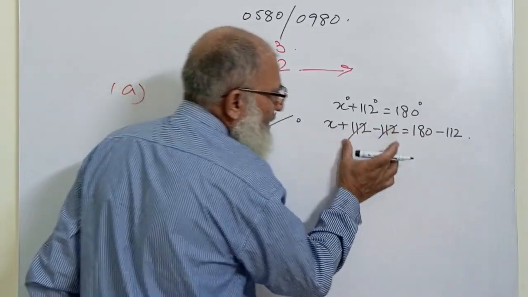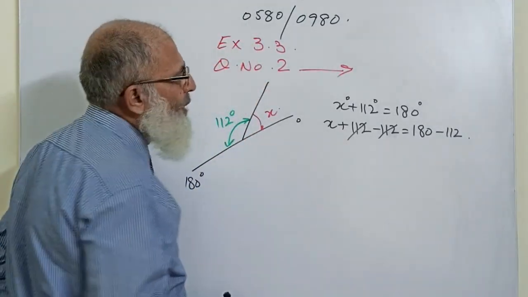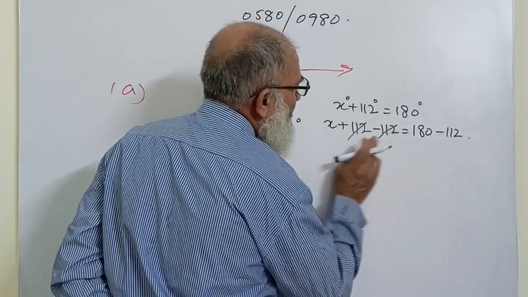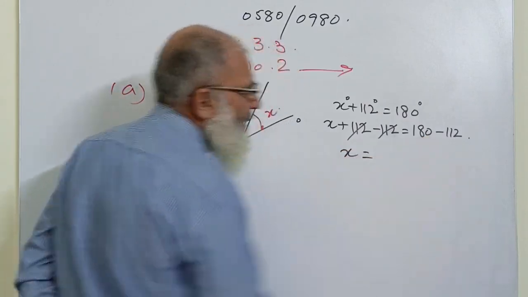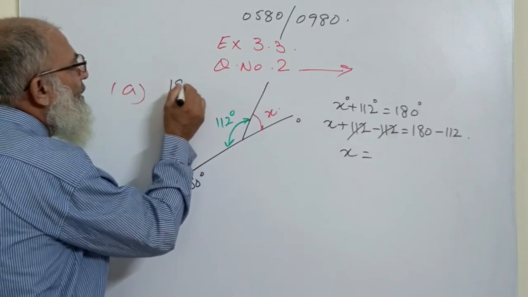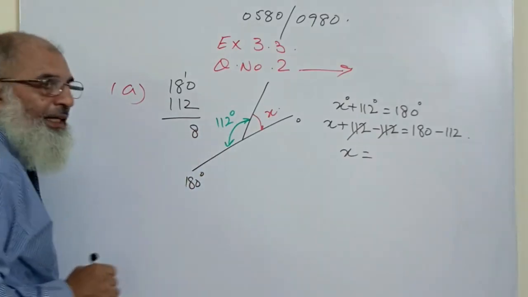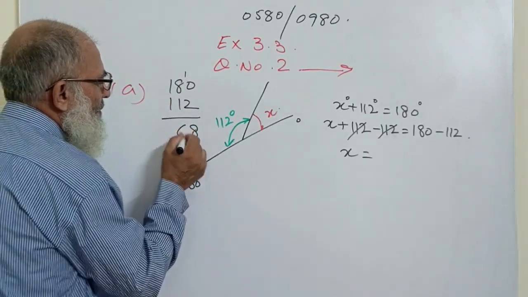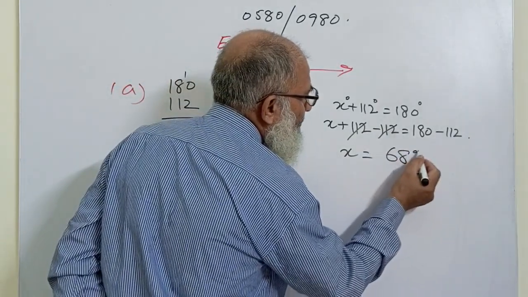Now we don't use this step, and in the upcoming questions I will not use this step. I'll just put this over here. Now x will become 180 minus 112. What is 180 minus 112? 8 minus 2 is 6, and 18 minus 11 is 7... the answer is 68 degrees.